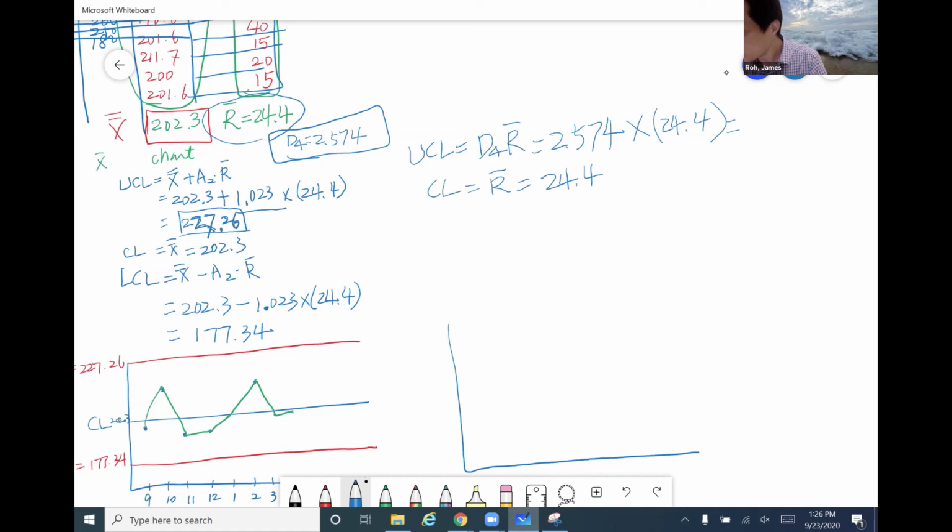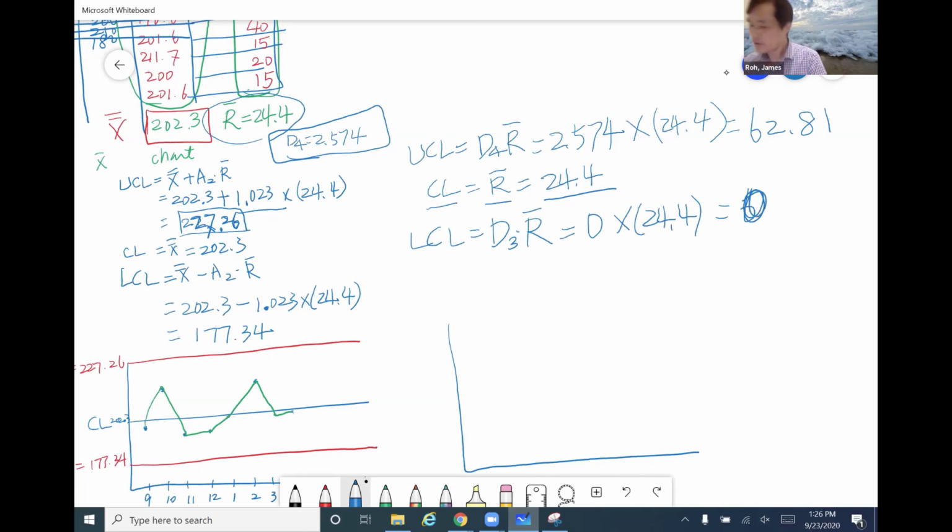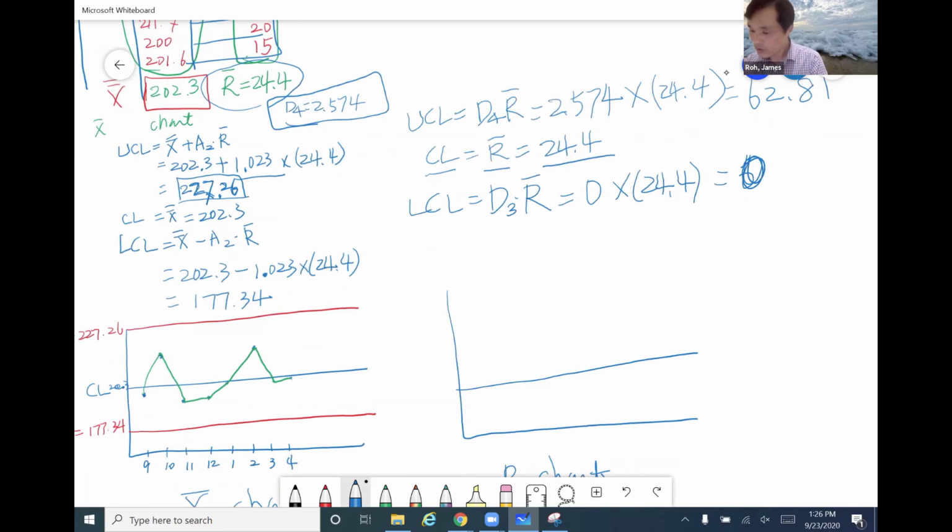It's 62.81. Thank you. And central line is R bar. That's 24.4. That's easy. Lower control limit is D3 times R bar. And D3 is 0 times 24.4. And that's 0. So we know that it's going to look like this. Upper control limit and lower control limit.